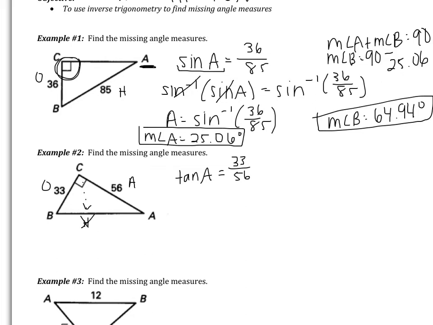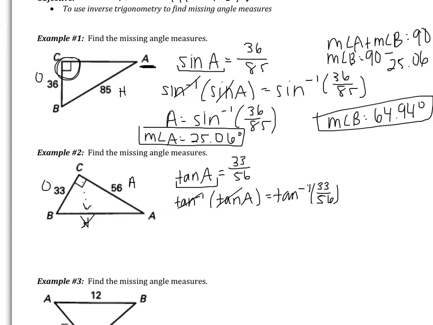Okay, but remember, tangent and A are in a very happy marriage. You can't just divide by tangent. Instead, you have to physically break them up. You're going to have to take the inverse. So I'm going to take the inverse tangent on both sides. Because remember, whatever I do to the left side, I have to do to the right side as well. So on the left side, inverse tangent and just normal tangent undo each other.